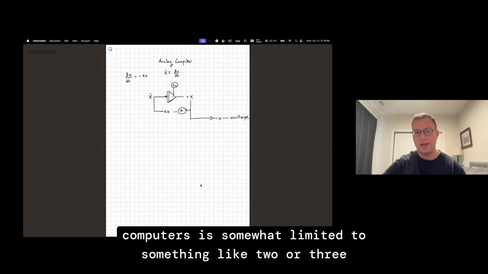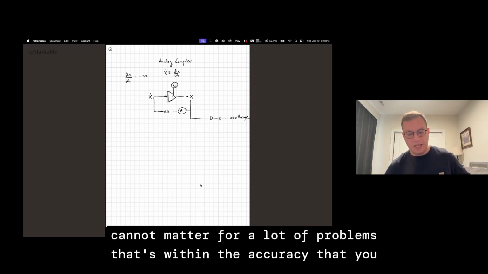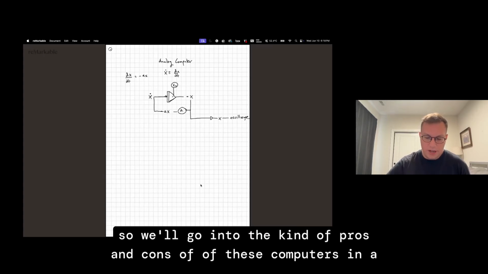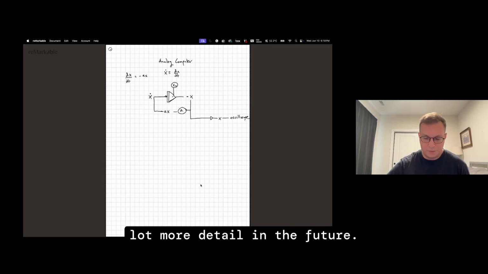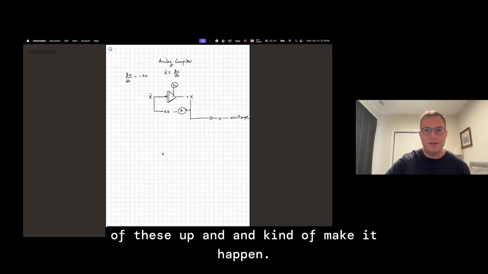The analog computer is somewhat limited to probably about 3 digits of accuracy. That can matter or not matter. For a lot of problems, that's within the accuracy you need to understand what's going on, but for other problems, it'll cause issues. We'll go into the pros and cons of these computers in a lot more detail in the future. But let's switch over and actually wire one of these up.